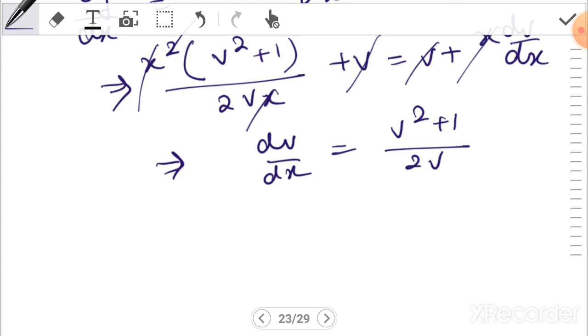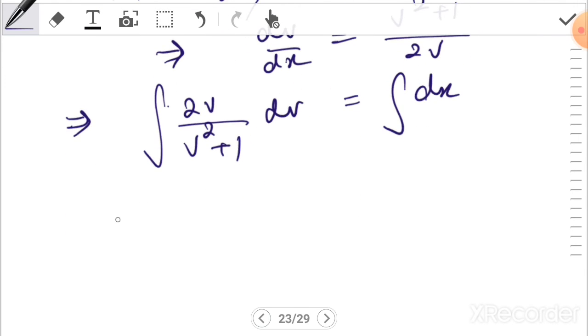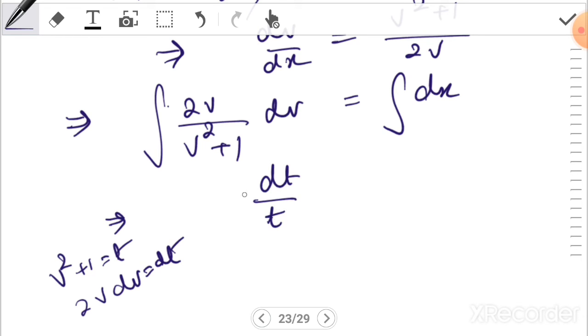Now this is in the form of variable separable method. So we will apply variable separable. So 2v by (v square plus 1) integral dv is equal to integral dx. Then taking v square plus 1 as t, so v square plus 1 is t, then 2v dv is equal to dt, right? So this is nothing but integral dt by t is equal to x plus c.